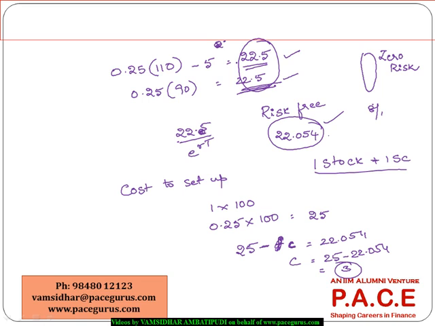And a riskless portfolio cannot give a return which is more than the risk-free rate of return. So the worth of this option contract should be somewhere close to 2.95 bucks: 25 minus 22.05.